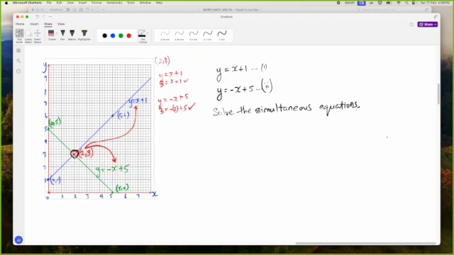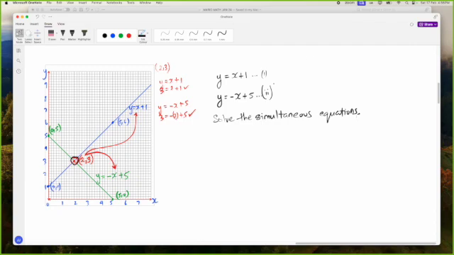So when you solve equations simultaneously, what you are actually doing is solving where the point is where the two lines are meeting. That is what you're actually doing.